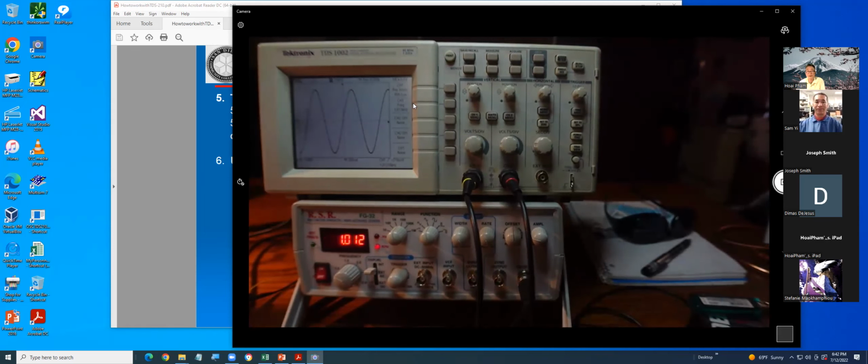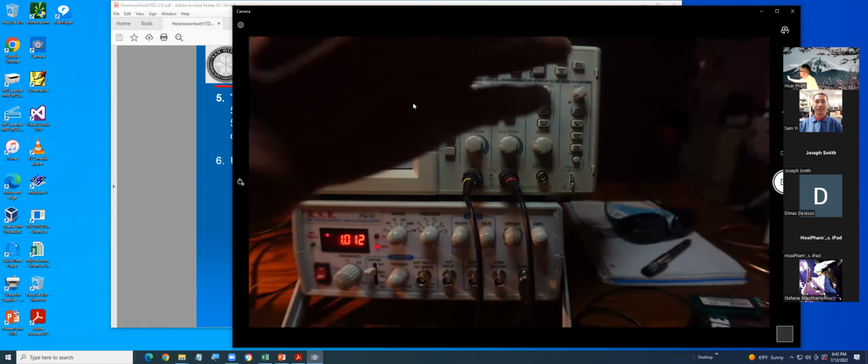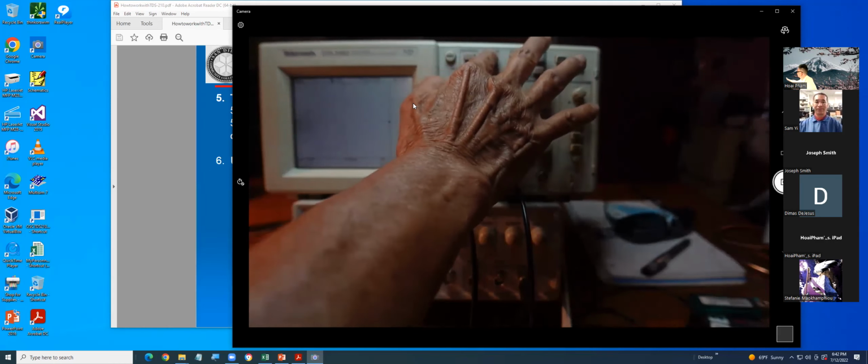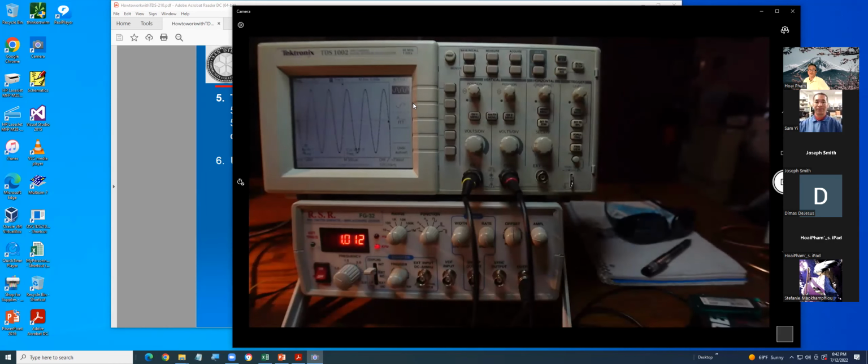Now, if I press auto set measure, you can see what happened. The value is still the same. However, how many cycles do they display? 1, 2, 3, 4, almost 5.